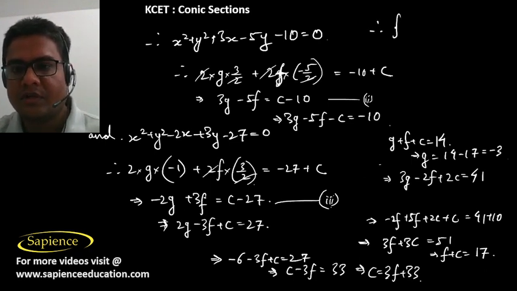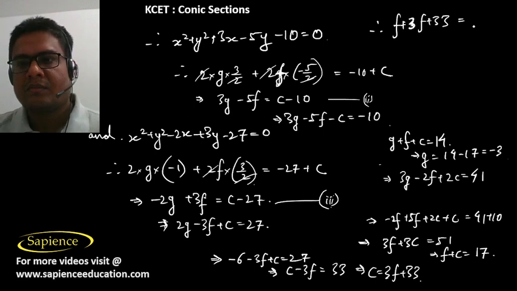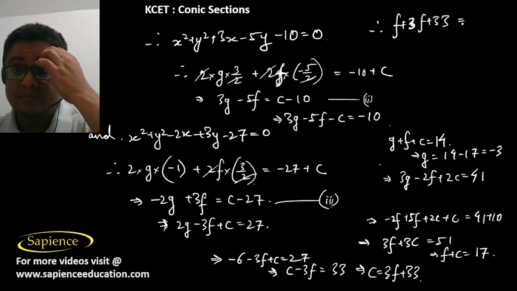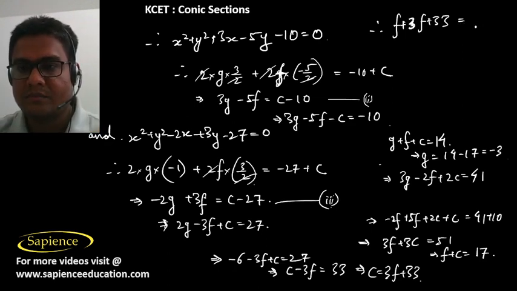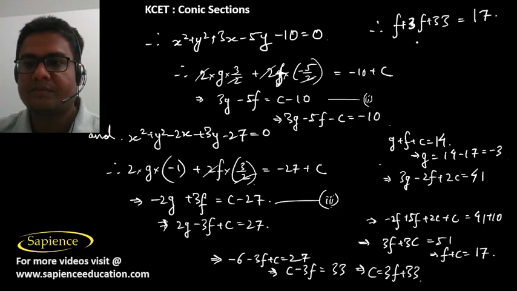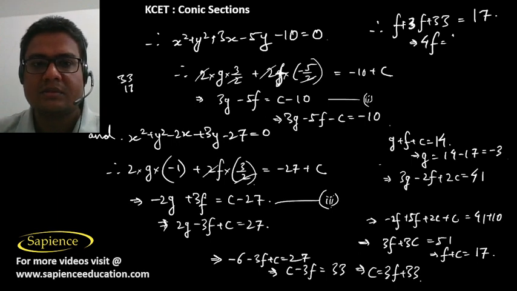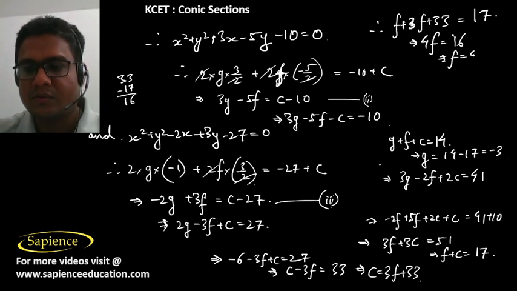Therefore f plus 3f plus 33 will be equal to 17. So 4f is equal to 17 minus 33, that is minus 16.